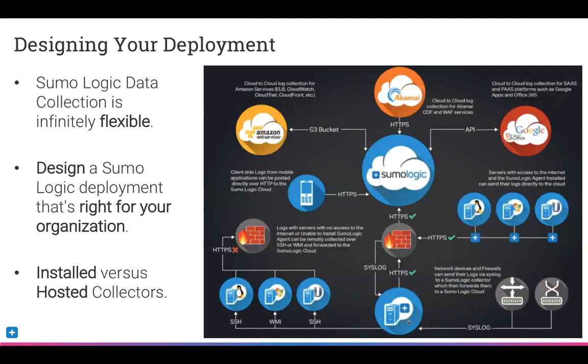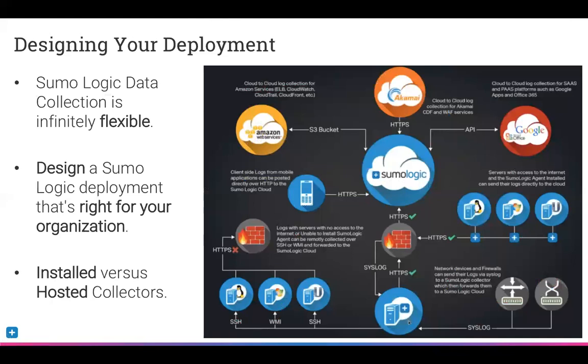Most of you as admins already had to work with what we call an installed collector versus a hosted collector. If you haven't, here's the brief explanation. We call hosted collectors anything that is cloud-to-cloud integration. For example, if you're an AWS shop and you're sending us AWS data, you can do this cloud-to-cloud collection.